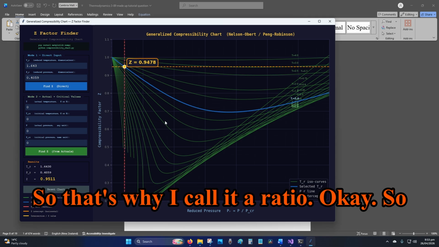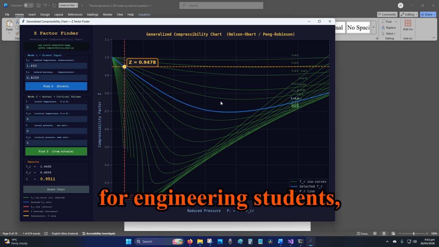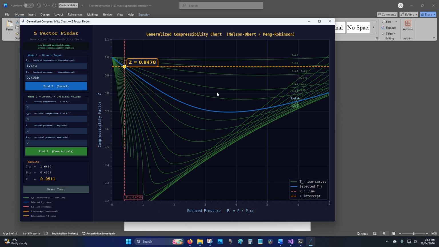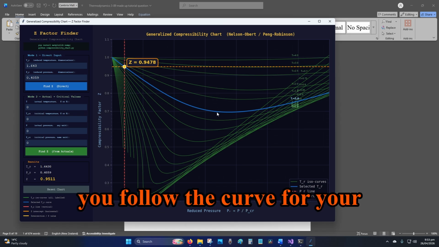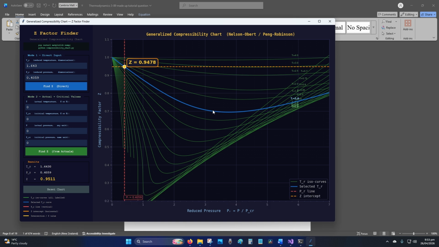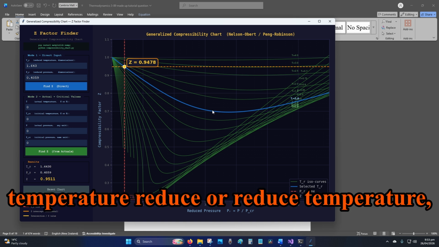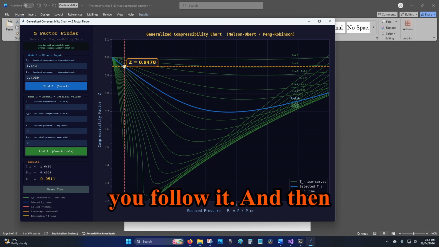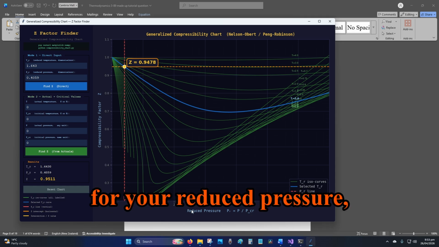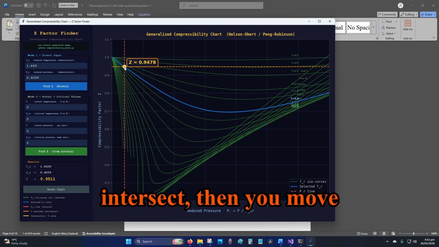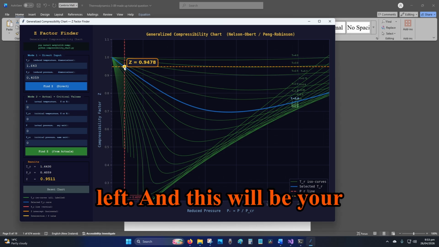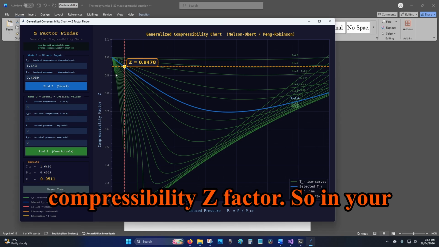Okay, so for engineering students, how you read this chart is you follow the curve for your reduced temperature. You follow it, and then for your reduced pressure, you go vertically up. Once they intersect, then you move left, and this will be your compressibility Z factor.